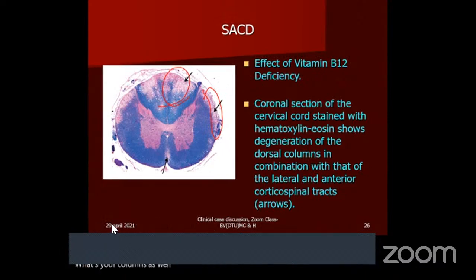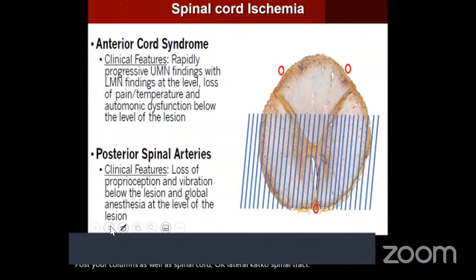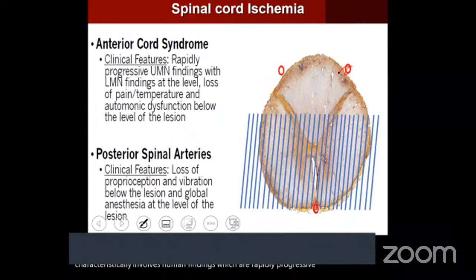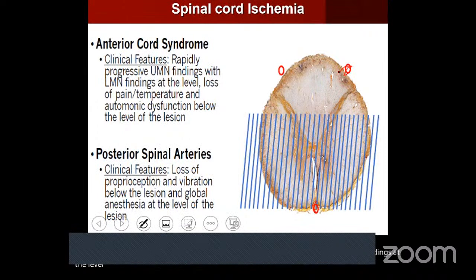Lateral corticospinal tract. Spinal cord ischemia is a blood supply problem. You can see the anterior spinal artery here and the posterior spinal artery here. The anterior cord syndrome characteristically involves UMN findings, which are rapidly progressive, with LMN findings at the level, characterized by loss of pain and temperature, and autonomic dysfunction below the level of the lesion.